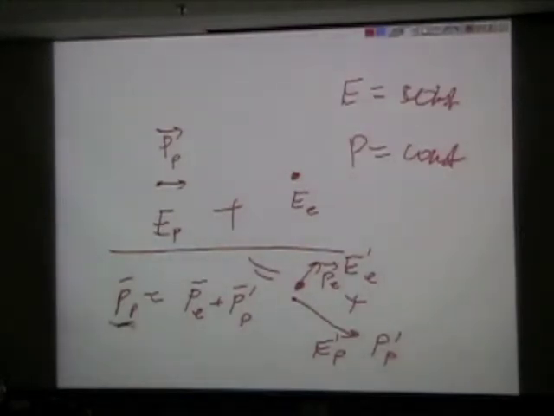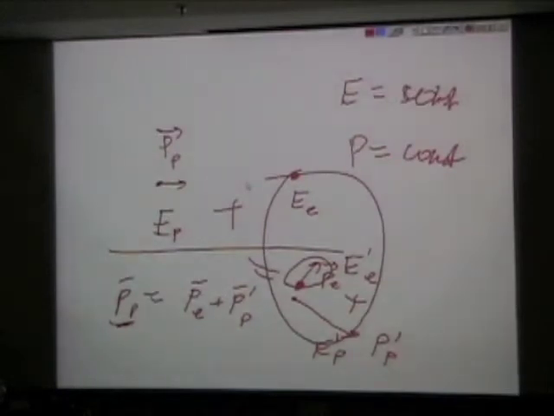What does it tell us? It tells us that, since the electron starts moving and the total energy is conserved, the photon always loses some energy. So the energy of the photon after the collision is always less than the initial energy of the photon. But the energy of the photon is related to the wavelength.